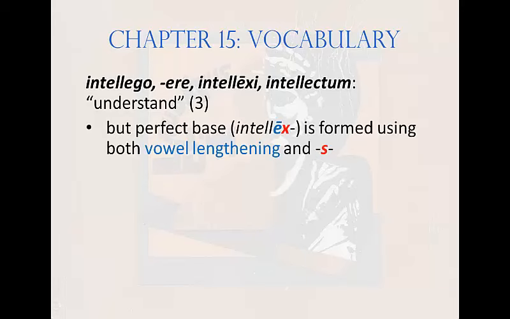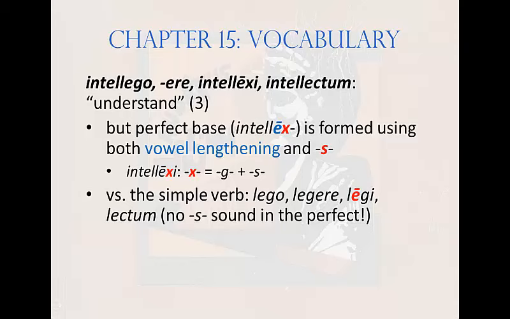Note also that the perfect base, seen in the third principal part, intellexi, exhibits both vowel lengthening and s to form the past tense, x being a contraction of g plus s. This is different from the simple verb, of which intellego is a compound, lego, legere, legi, lectum. There is no S sound in the perfect.